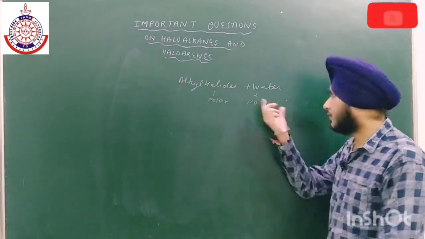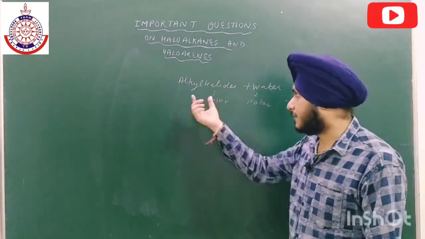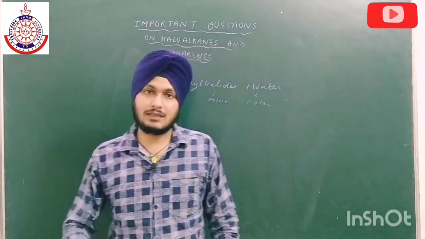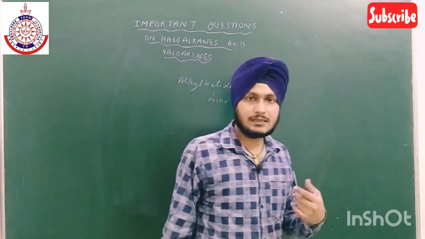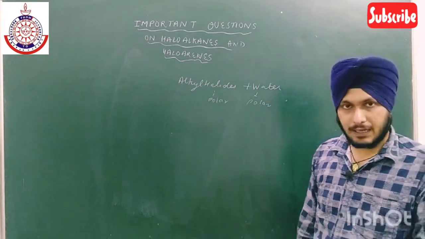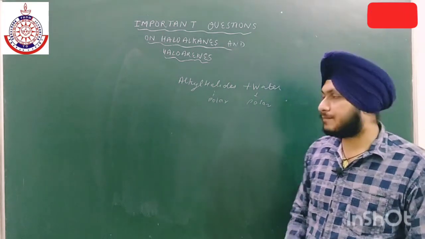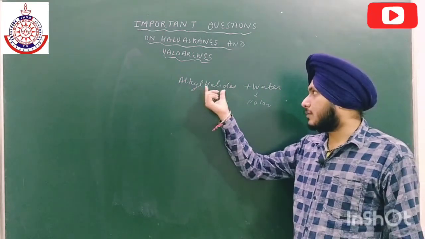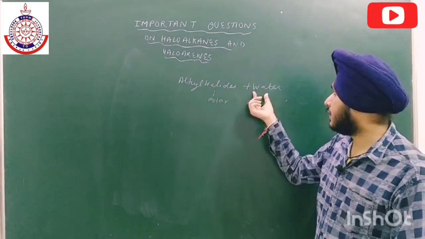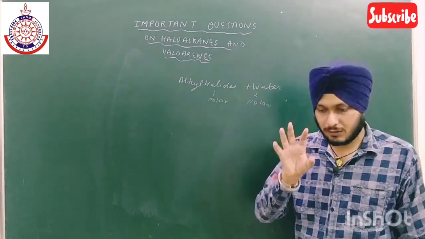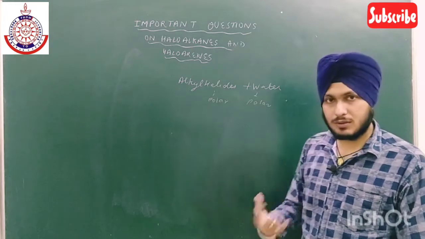We all know that in water hydrogen bonding is present, and if we dissolve alkyl halide in water, then these hydrogen bonds will break. So solubility will not take place because the hydrogen bonding which is already present in water is more stable.